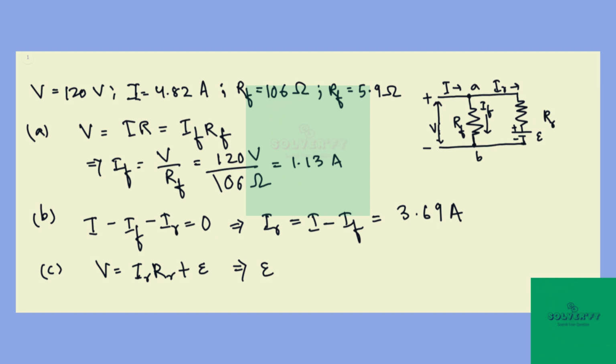Using this equation we can find the induced EMF developed by the motor. This is equal to V minus IR times RR, and this gives the induced EMF to be 98.2 volt. And this should be directed so that it opposes the current through the rotor.